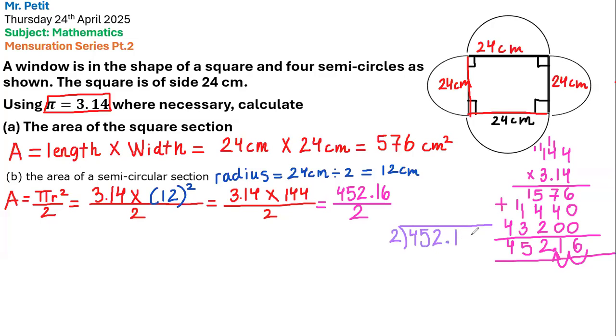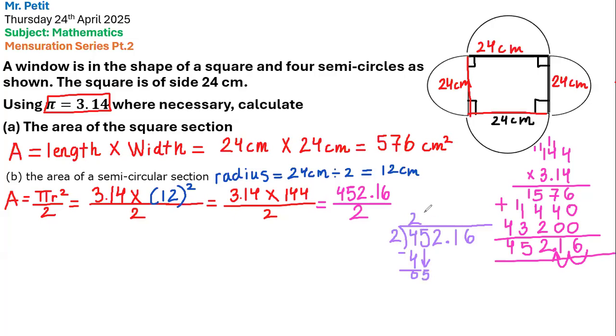How many times does 2 go into 4? Twice. 2 times 2 is 4. Bring that down. How many times does 2 go into 5? Twice. Very good.